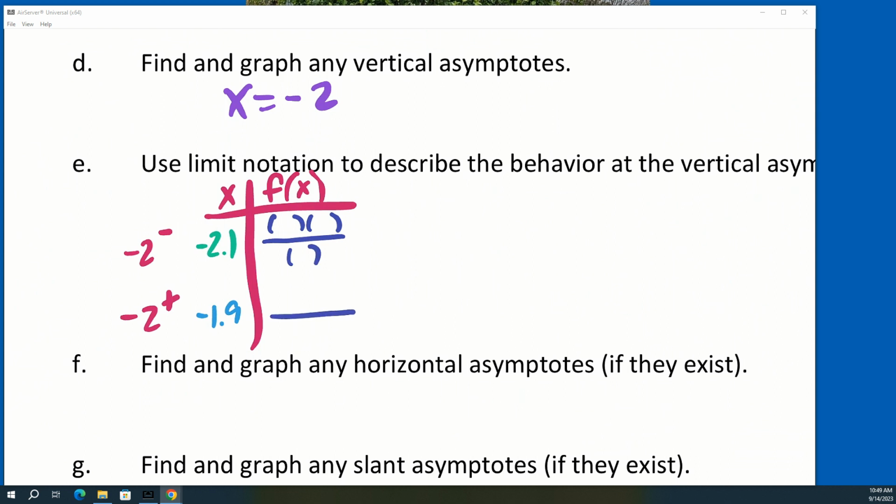And then you just set up these little parentheses matching up with however many factors you have in the problem. And then you just plug in and see if you get a positive or a negative.